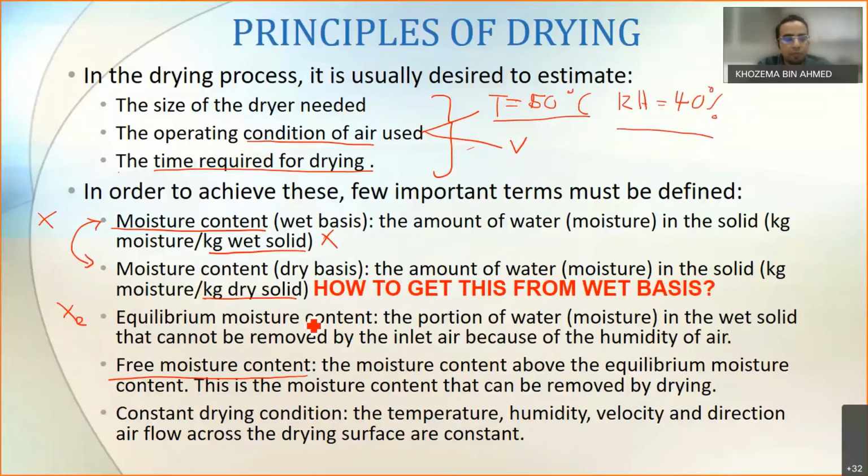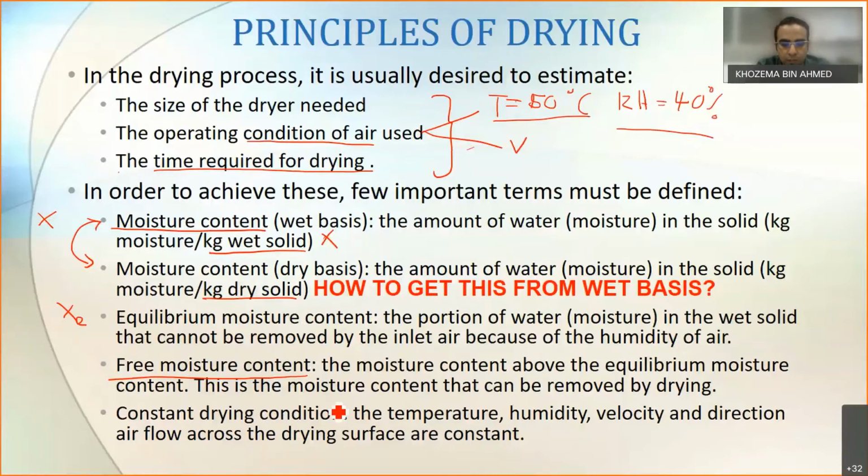The next one, when we talk about drying, is the condition of drying. When we say constant drying condition, we are actually referring to the temperature, humidity, and direction of airflow across the drying surface being constant.